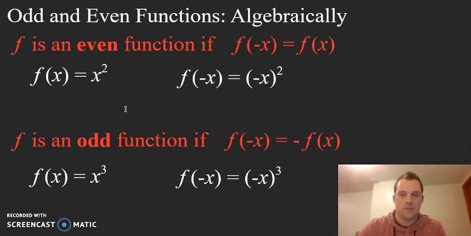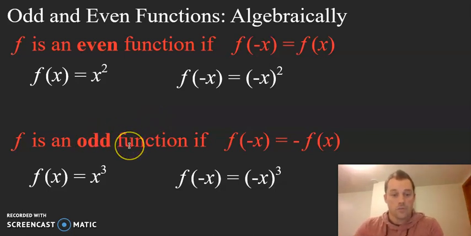Again, looking at some basic examples here for even function. If we're just evaluating an equation as being even or odd, well, x squared, whatever that gives us for an output, if we are now inputting a negative x, we square that number, and that's going to give us the same output as what we got for f of positive x, because squaring a negative value is going to give us a positive value.